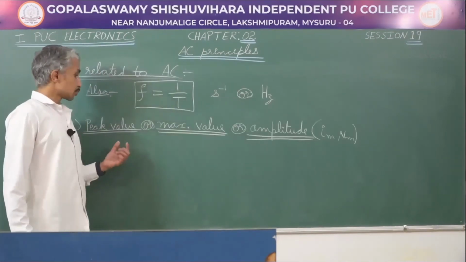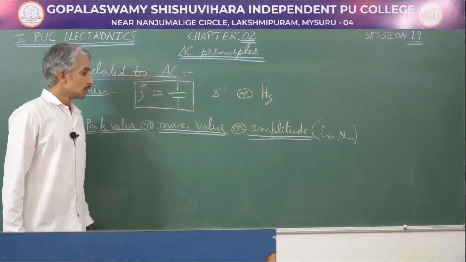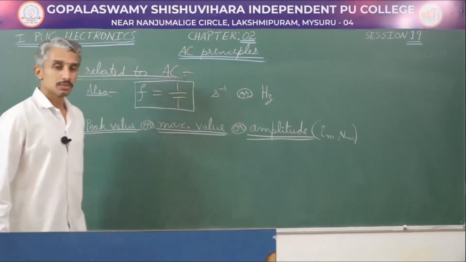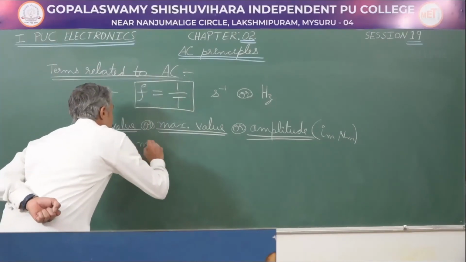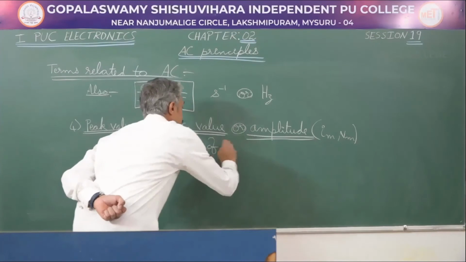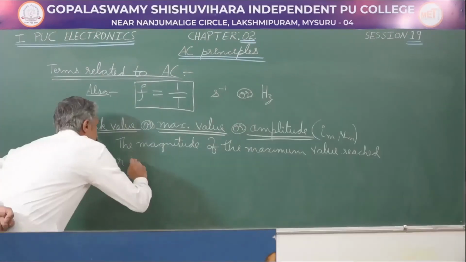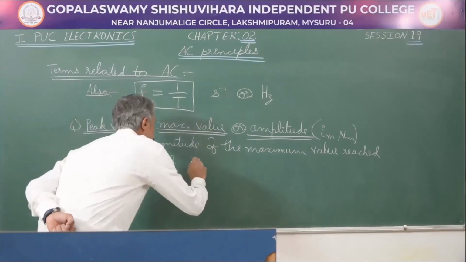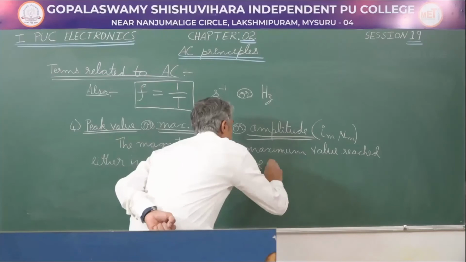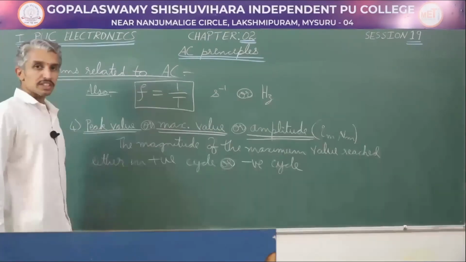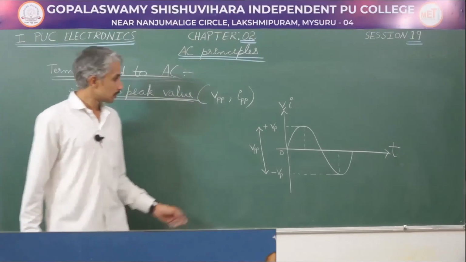The next term is peak value, also called the maximum value or the amplitude. What is this? This is the magnitude of the maximum value reached either in the positive cycle or the negative cycle. The next term is peak to peak value.